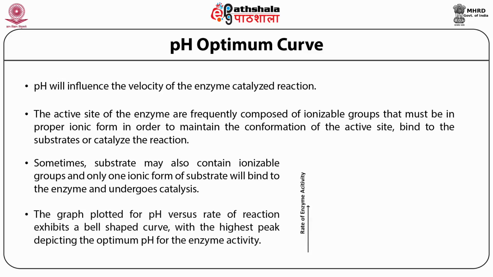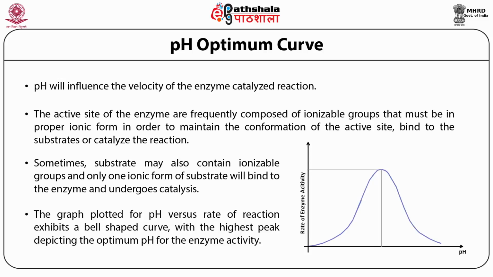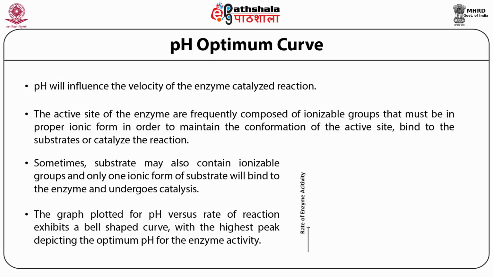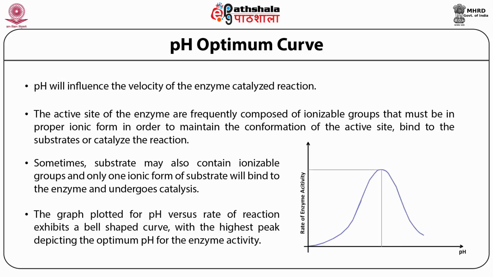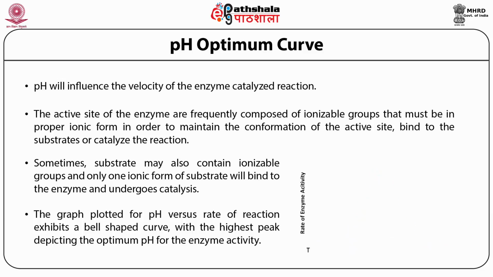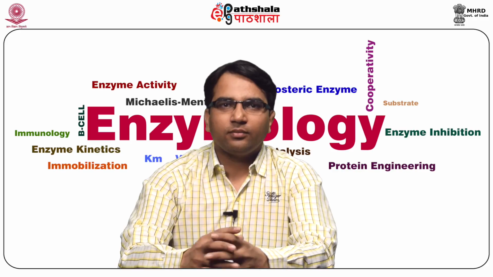A graph plotted for pH versus rate of reaction exhibits a bell-shaped curve with the highest peak indicating the optimum pH for enzyme activity. As you can see here, it is a bell-shaped curve where the optimum pH is going to be the maximum rate of enzyme activity.